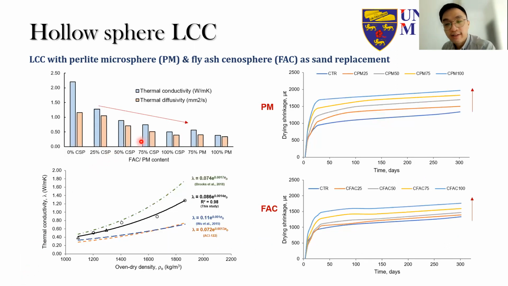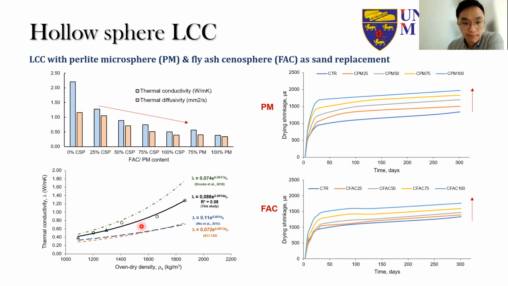And we also look at some of the other properties of the perlite microsphere LCC as well as the fly ash cenosphere LCC. So naturally, when there are increasing amounts of this hollow sphere, the thermal conductivity is decreased, and thermal diffusivity is also decreased. This is going to be better for thermal insulation.